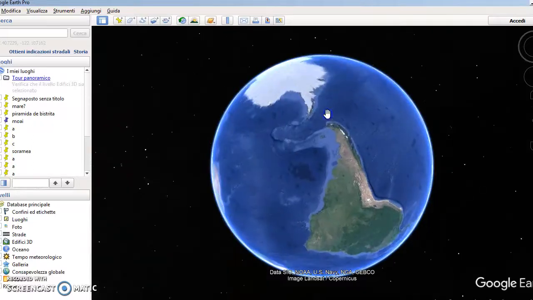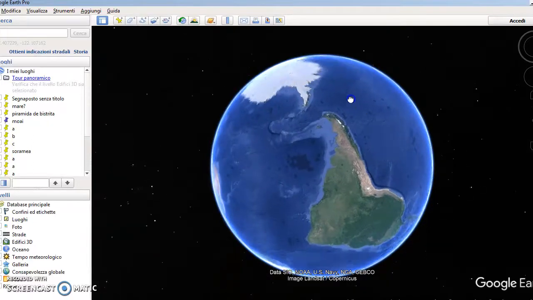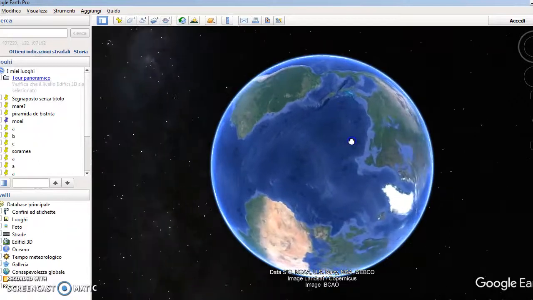Okay, so they are going in Antarctica, and they cannot go outside. Okay, because we are inside our entity Earth. Inside of it, and they cannot go outside.